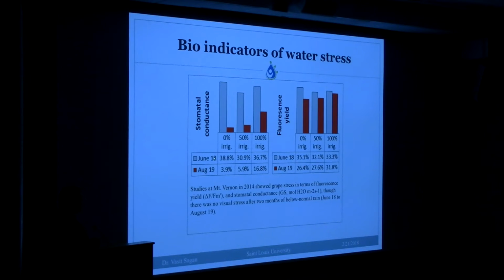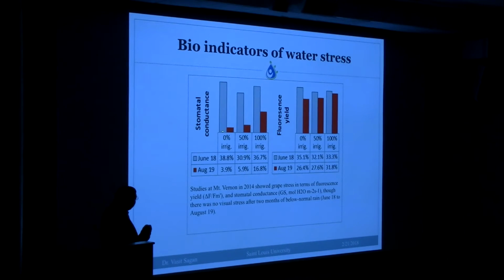June 18 is the time the plants were well irrigated, no stress. August 19, plants were exposed to stress, and what we see is when there's no stress, you don't see much difference in stomatal conductance. But after stress, you see a significant change in stomatal conductance.